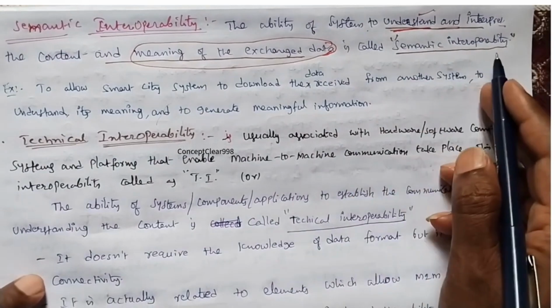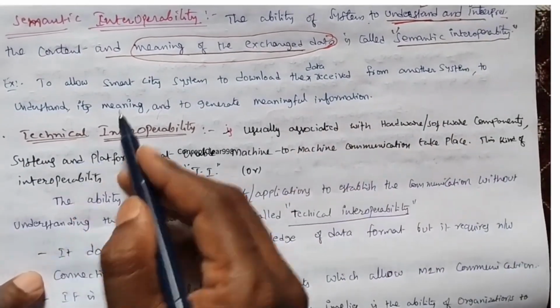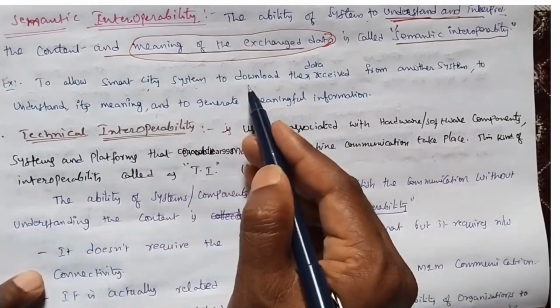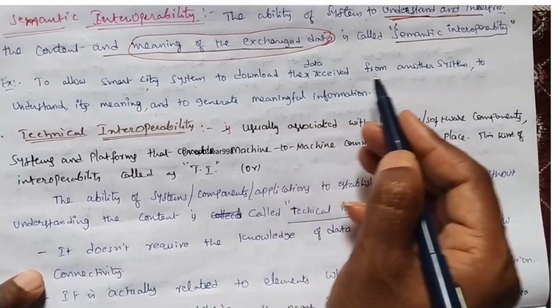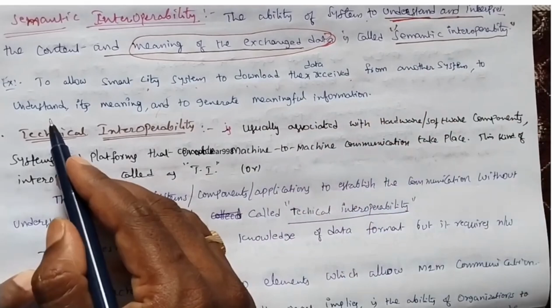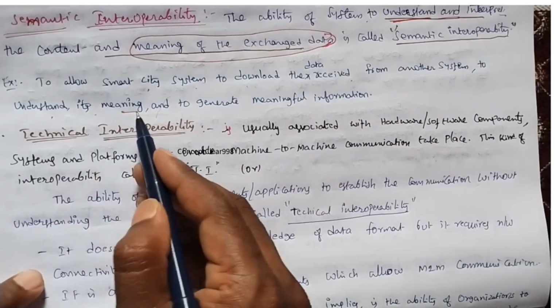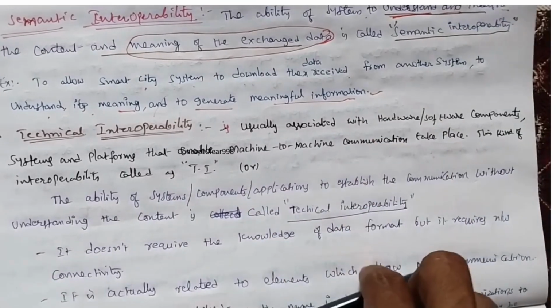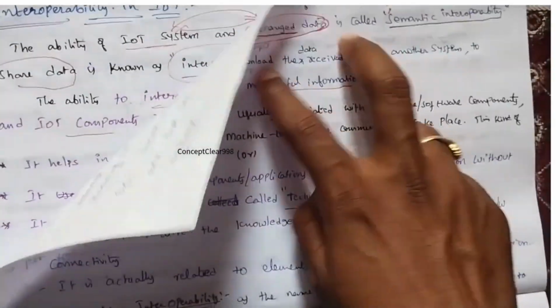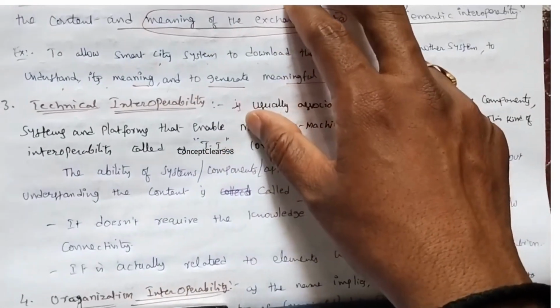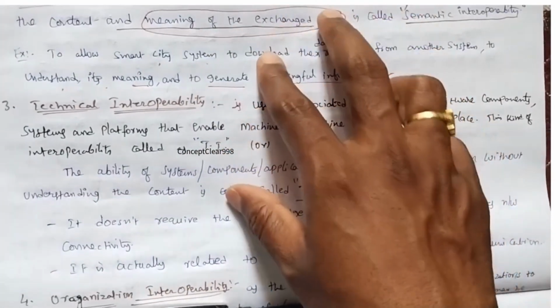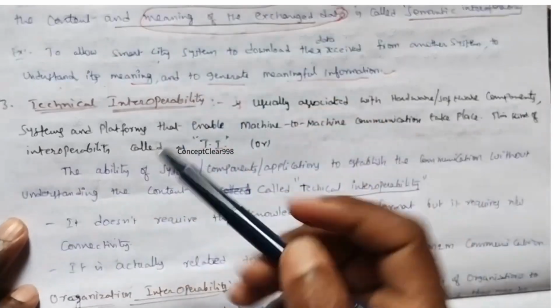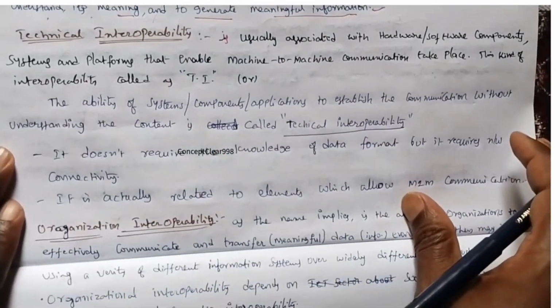This is called semantic interoperability. To allow a smart city system to download the data received from another system, understand its meaning and generate meaningful information, that is called semantic interoperability. Semantic అంటే ఏంది, మనకి ఆ మెసేజ్ ఏదో తెలియాలి, దాన్ని ఎలా యూజ్ చేయాలో తెలియాలి, ఎవ్రీథింగ్ షుడ్ నో, దెన్ దట్ ఈస్ కాల్డ్ semantic interoperability.